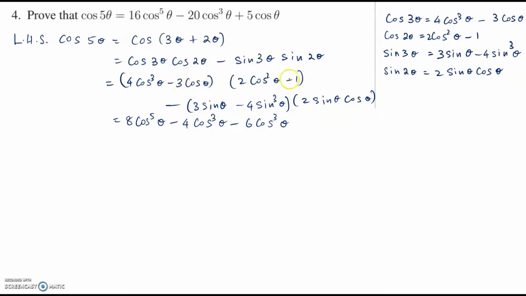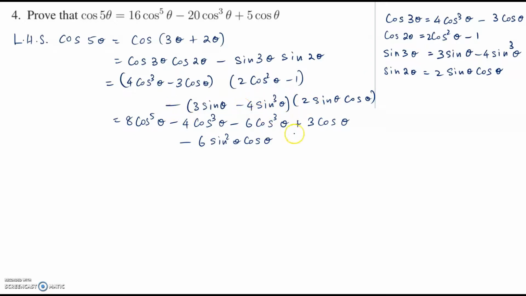Then minus into minus plus 3 cos theta into 1 will be plus 3 cos theta. Minus, let's multiply this first term with 2 sine theta cos theta. This will be minus 6 sine squared theta cos theta, and then the second expression is minus 4 sine cube theta into this expression here.